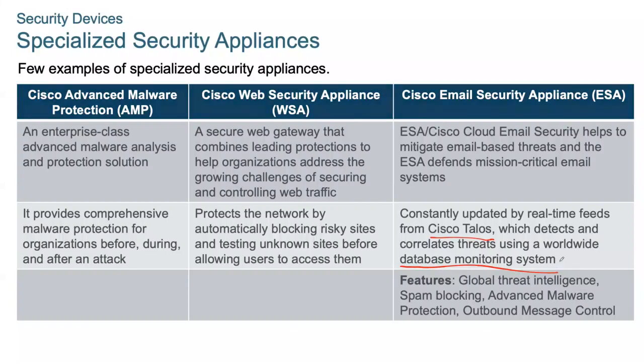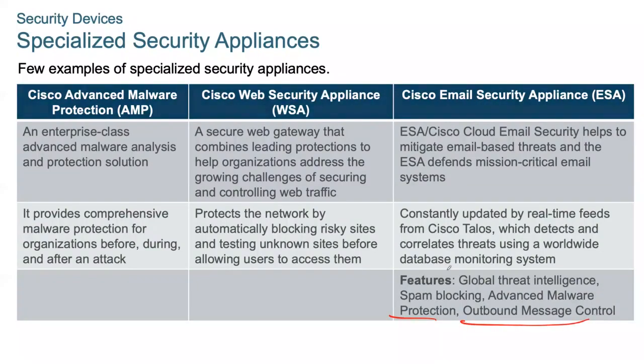The basic features of this ESA: there is a global threat intelligence system inside, so that every time it monitors whether any new email threats are identified by any part of the network, and that is updated in the threat system. It gives spam blocking, advanced malware protection, and outbound message control.